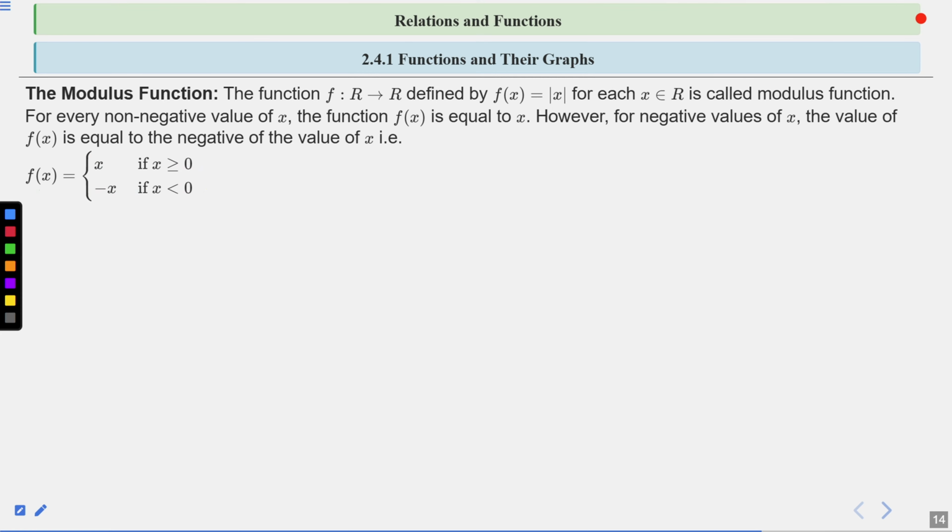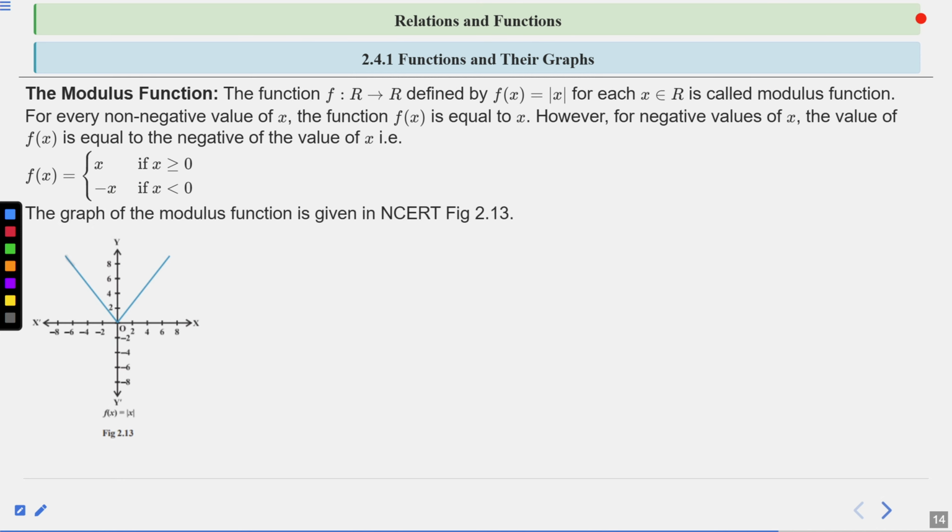So what about f of 1? 1 is a positive real number, so the output is 1. F of -1: -1 is negative, meaning the output will be minus of the negative number, which is minus of -1, which is 1. Clear?